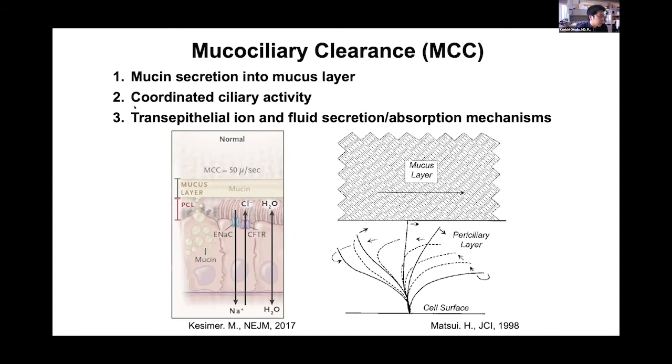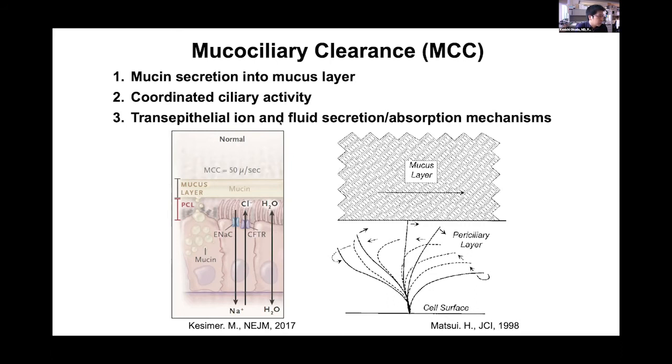The second cellular activity is coordinated ciliary activity. The mucus is carried by the cilia moving in a well-coordinated way, and this is also an important component. The last one is transepithelial ion and fluid secretion or absorption.